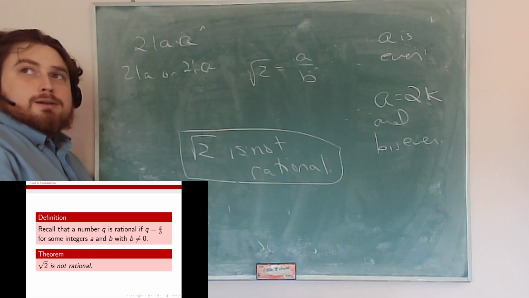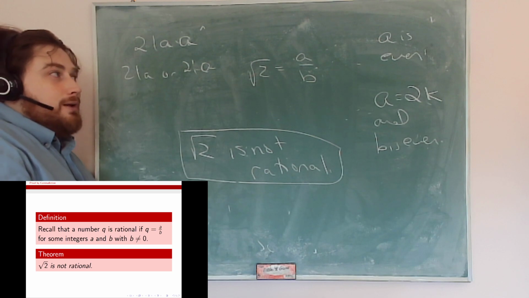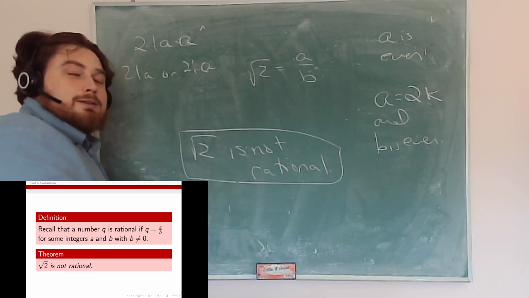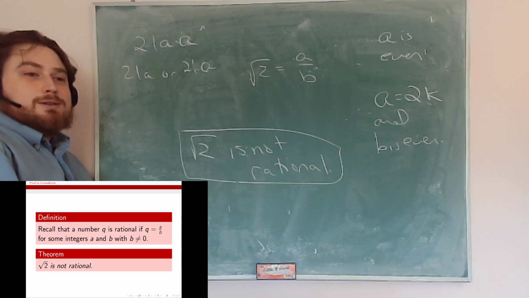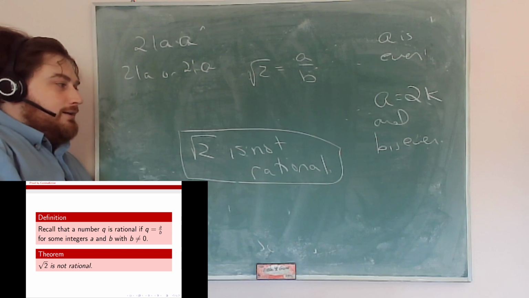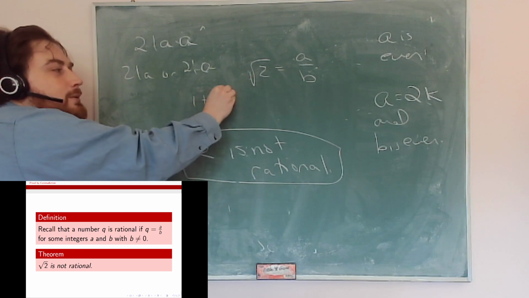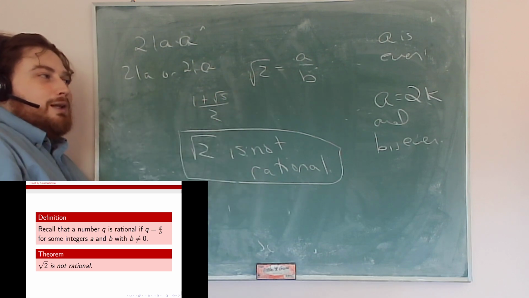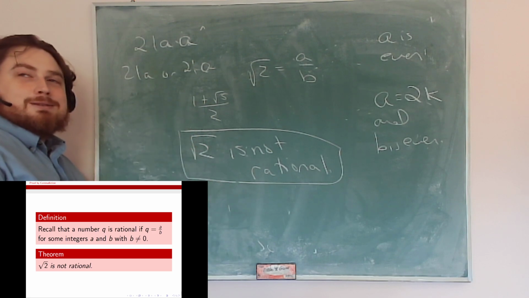As a point, a little bit of history: the basic tenet of the Pythagorean religion was that all is number, and they believed that every number could be written as a fraction of integers, or a ratio of integers. And they actually worked with a different number, 1 plus the square root of 5 over 2, but they were able to prove that this was irrational, or not rational.